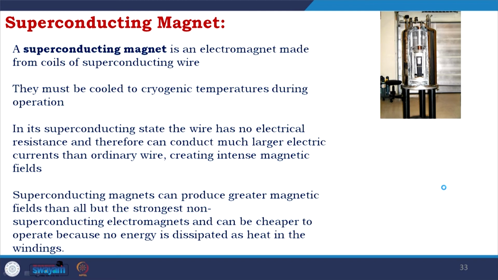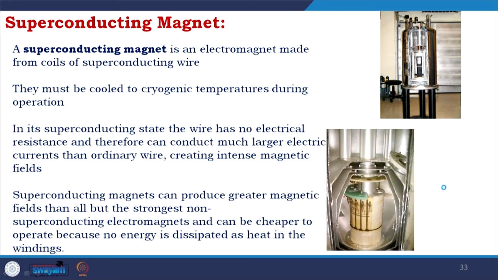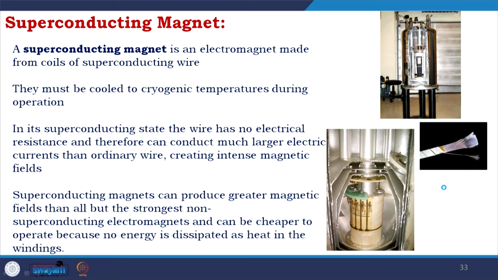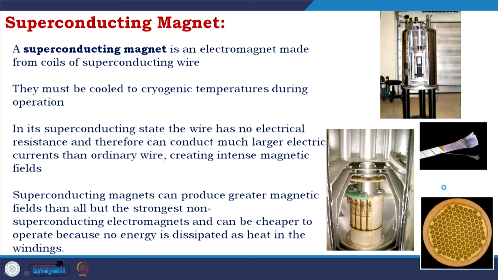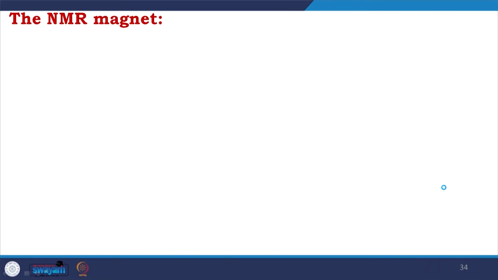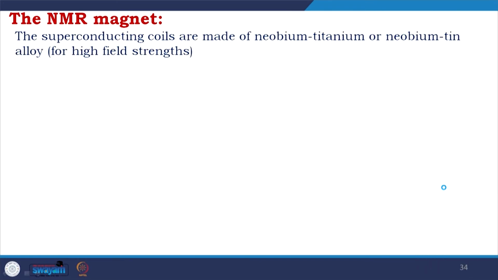So, if you see, this is the superconducting magnet. If you go inside, you will see that there are superconducting wires, and this is the super fine high resolution demonstration. The superconducting coils are made of niobium titanium alloy for high field strength.